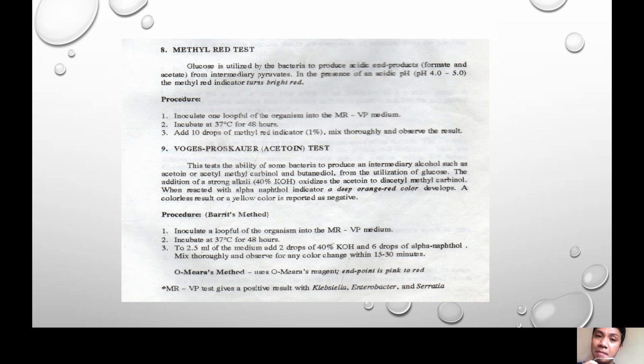Procedure for this one, just have your methyl red Voges-Proskauer medium and inoculate your bacteria. Incubate that one at 37 degrees Celsius for 48 hours. After that one, you add your indicator: 2 drops of 40% KOH, and then 6 drops of your alpha-naphthol. And observe here for the red color.